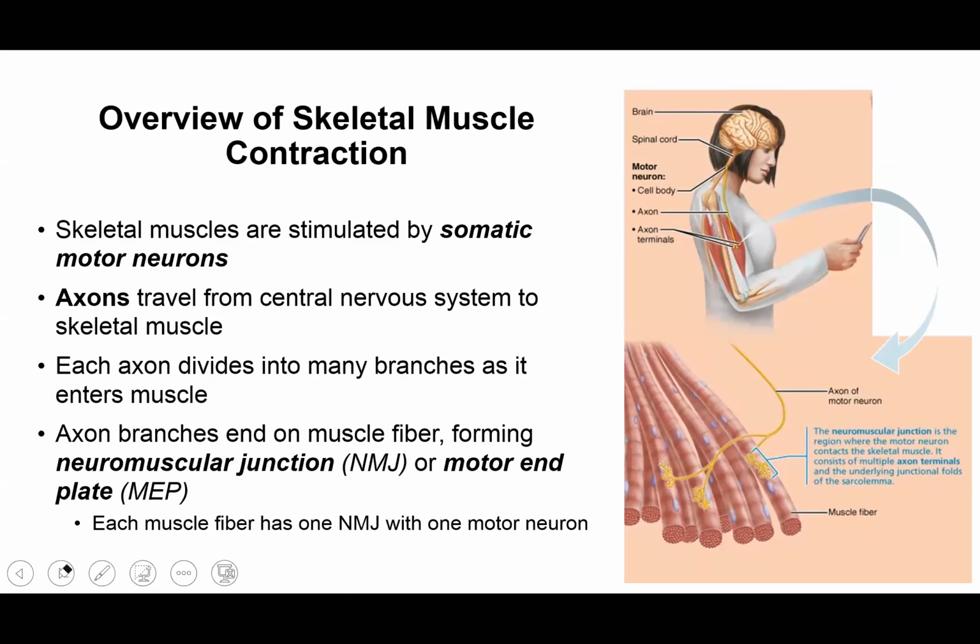Okay, so I mentioned a couple of slides ago, but again, skeletal muscles are stimulated by motor neurons that come from the somatic motor side of the nervous system.